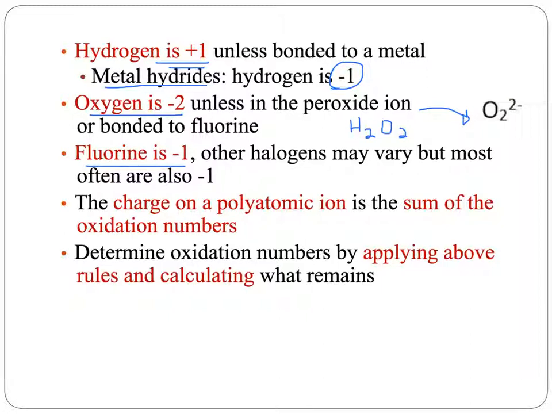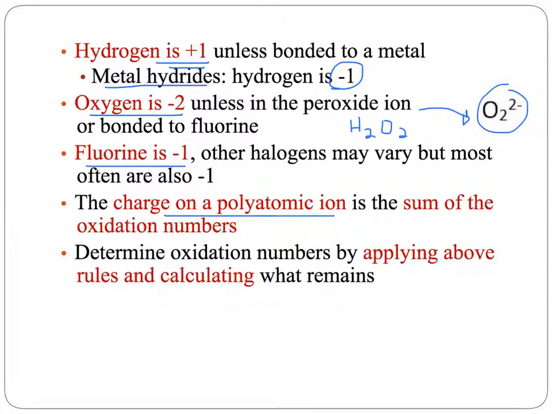Like the charge on a neutral compound is 0, the charge on a polyatomic ion will be the sum of oxidation numbers. So if you have a charge of 2-, like we have over here in our peroxide ion, then the two oxygens together have to add up to -2.